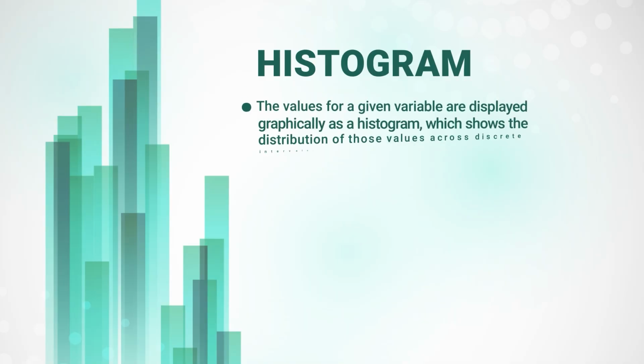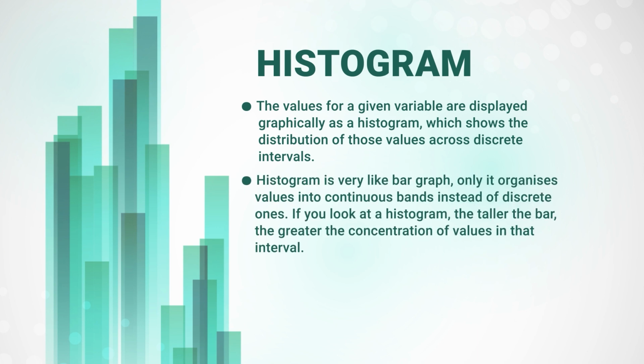So everything is at certain intervals, like after 10, after 20, after 30. The values for a given variable are displayed graphically as a histogram, which shows the distribution of these values across discrete intervals. So it's like a bar plot, but it organizes the values into continuous bands instead of the discrete ones. I'll show you an example of a histogram here.